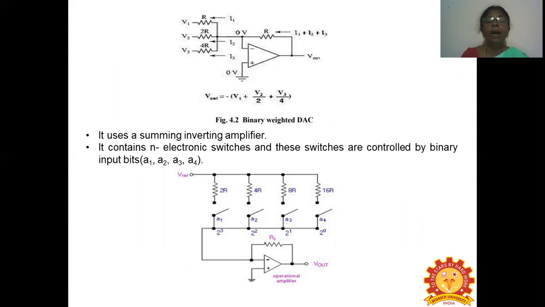This is the equivalent circuit of the binary weighted digital to analog conversion. This circuit contains n electronic switches. These are the switches, n number of electronic switches available here, and these switches are controlled by binary inputs such as A1, A2, A3 and A4.